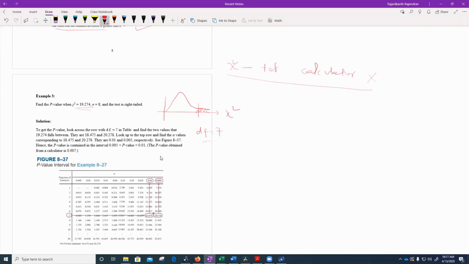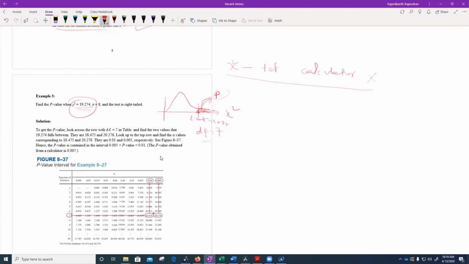Remember, when you find the p-value, it is not the critical value, it is the test value that we need, and the test value is given: 19.274. The p-value is nothing but the area to the right of the test value. Now we need to find this area.